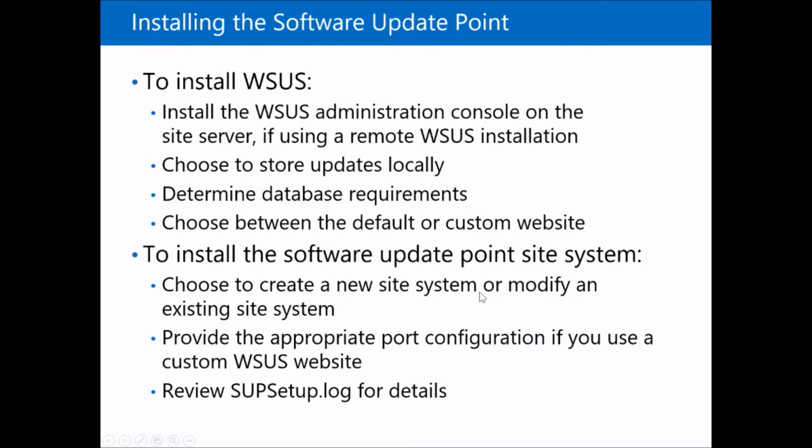We choose to store the updates locally. Obviously, that's where we're downloading from. And that's one of the benefits of WSUS: you're not downloading updates 100 times because you have 100 computers that need them. You download it once from the internet, then it's redistributed to your clients from this local source.